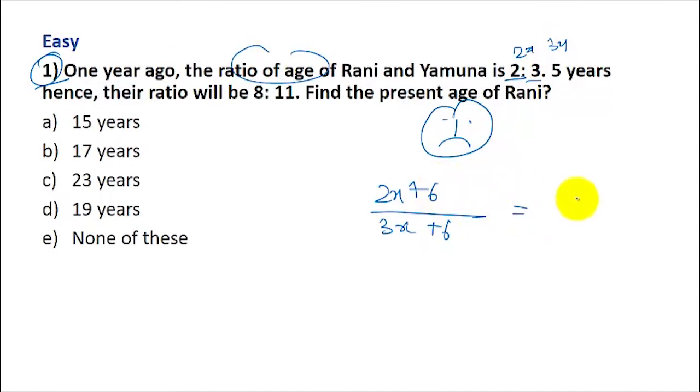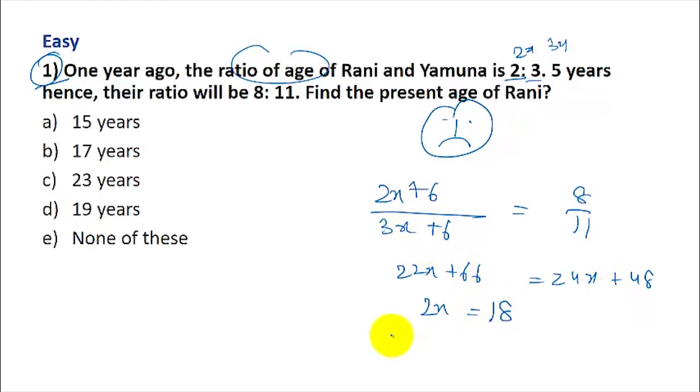Then the ratio is 8:11. What you have to do is cross multiply and solve this problem. That would be 66, that is 24x is 48. Now if you see, the difference is 2x, so you have to take it here. 48 plus 8 would be 18.